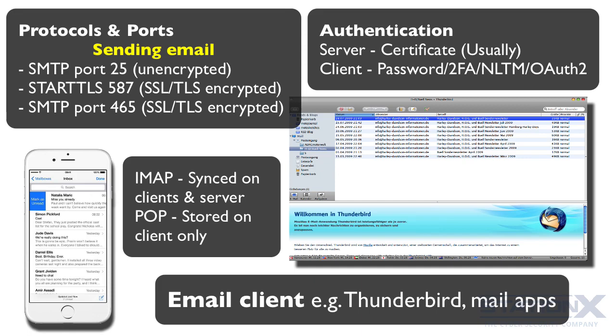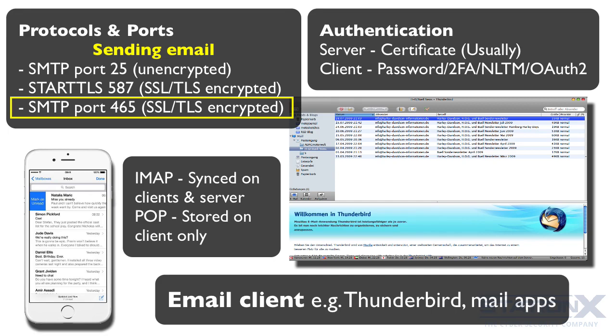And then you have SMTP port 465, which again is SSL TLS encrypted. You want to use, where possible, SMTP port 465 with the SSL TLS. Start TLS on 587 is more susceptible to man-in-the-middle attacks.